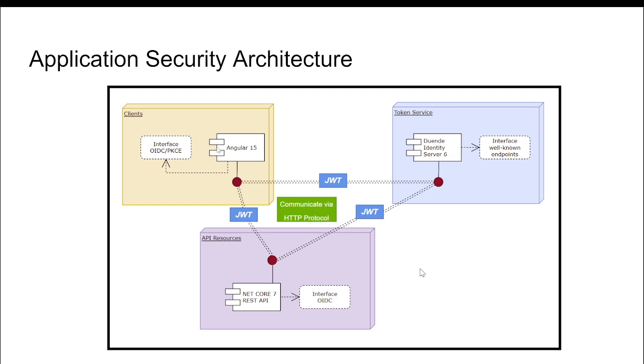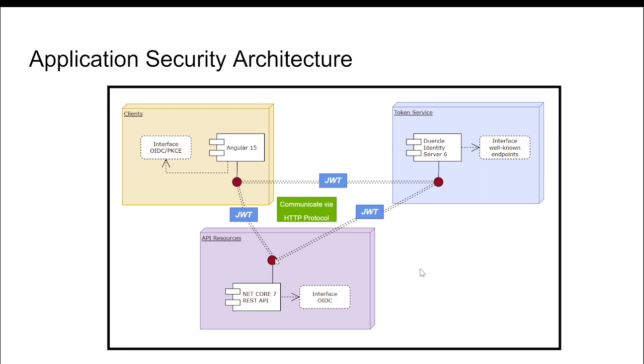Once the Angular client gets the JSON web token, it can pass that through the header to reach out to the web API to get data, for example, getting a listing of employees.